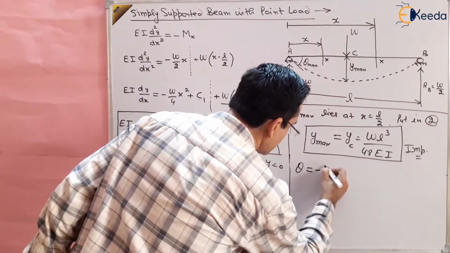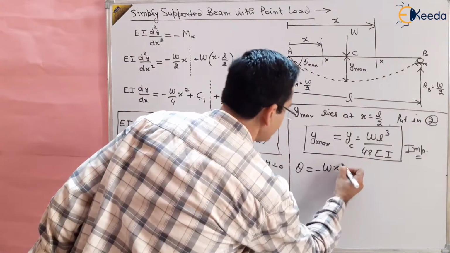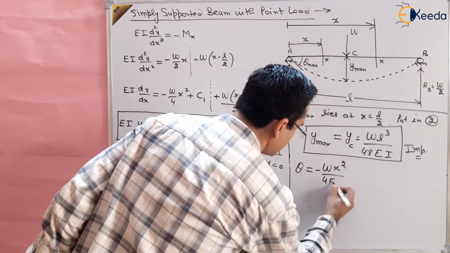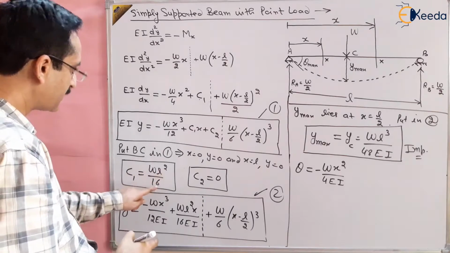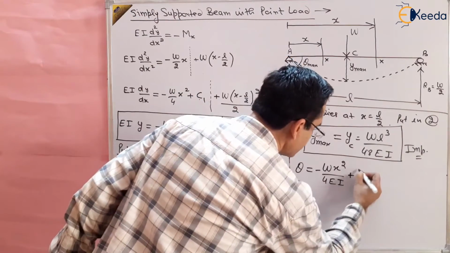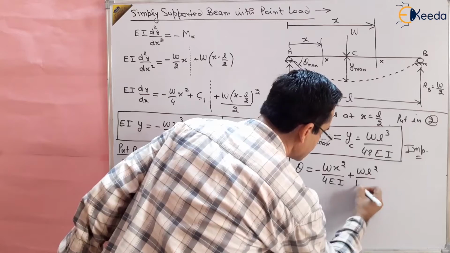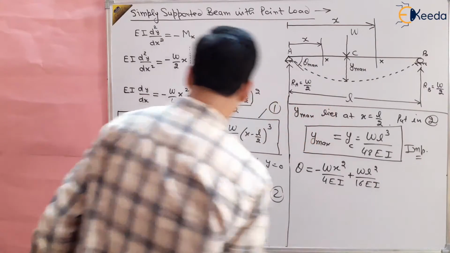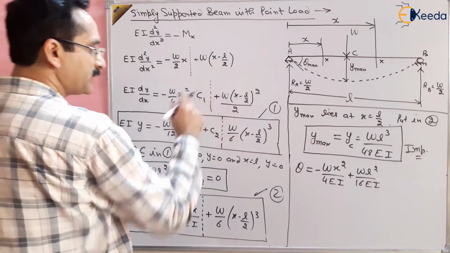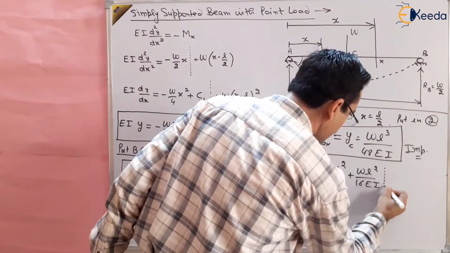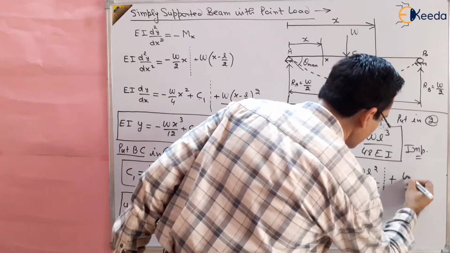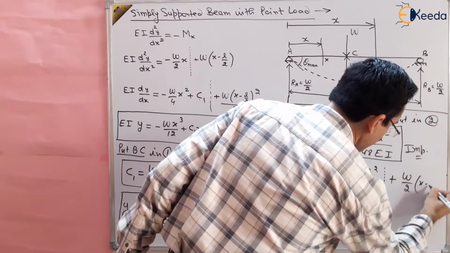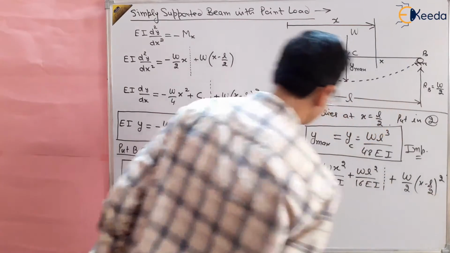So minus w x square by 4 EI, plus the C1 value, which we know now, w L square by 16 EI, plus, and this is valid between A to C, this term is available always, w by 2 EI times x minus L by 2, whole square.